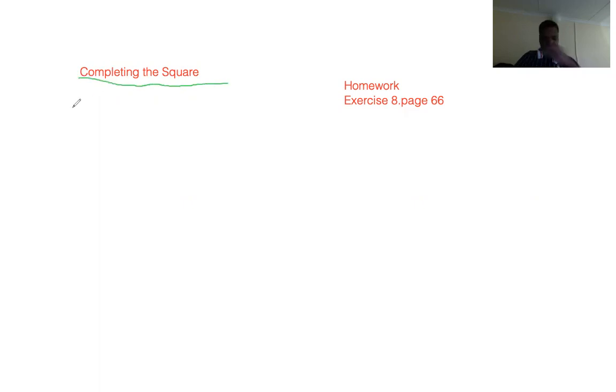Okay, so what does this mean? To complete the square. So this is what it is. What is a square number? A square number is anything that is of this form. Anything that is squared is a square number.